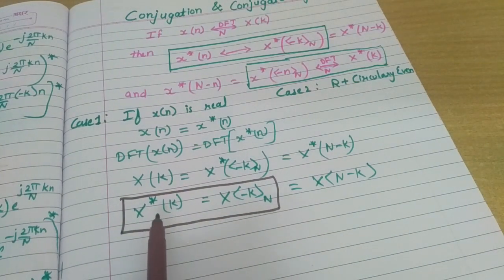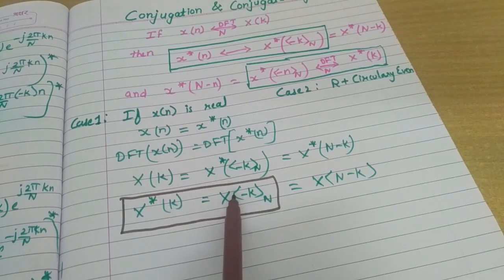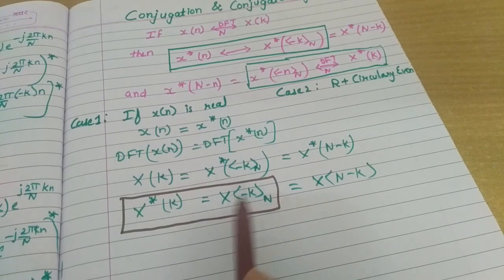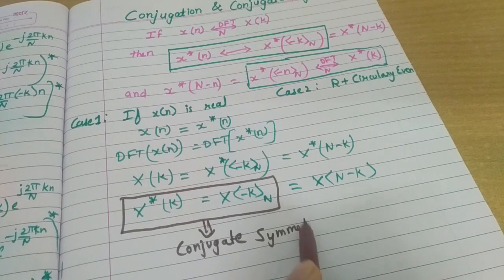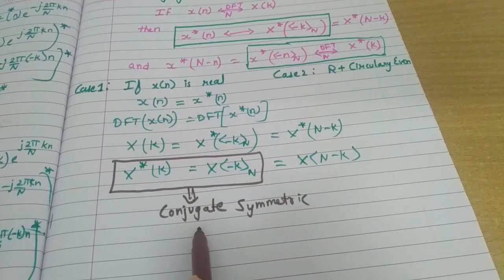It means that the conjugate of X of k is X star of minus k. It means that this is conjugate symmetric. This means the DFT is conjugate symmetric. This means that a real sequence has DFT with conjugate symmetry. The conclusion. Clear? Now moving towards case number 2.